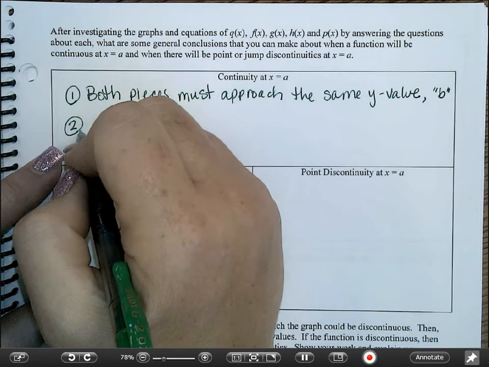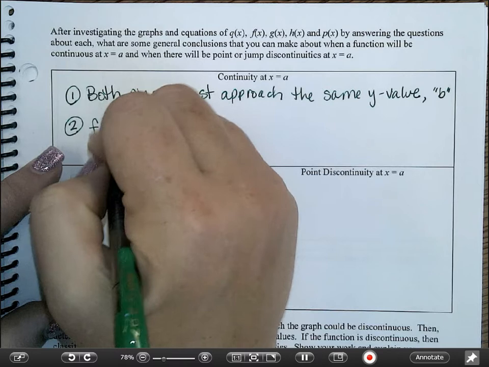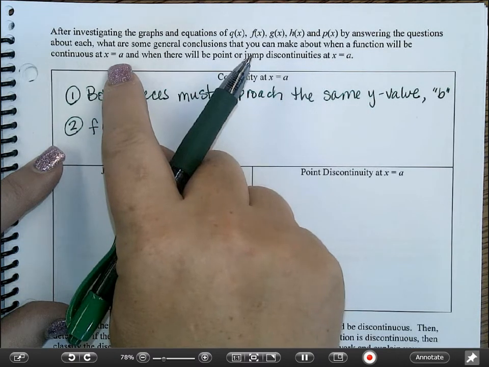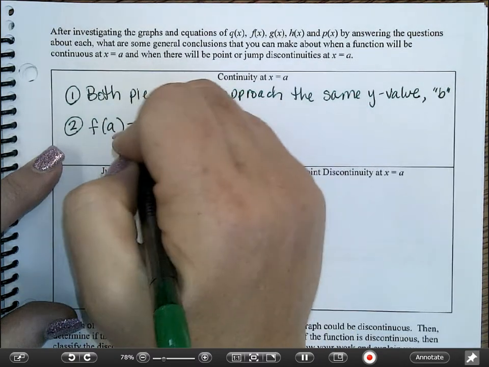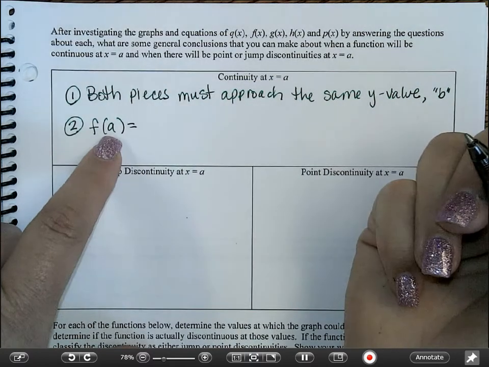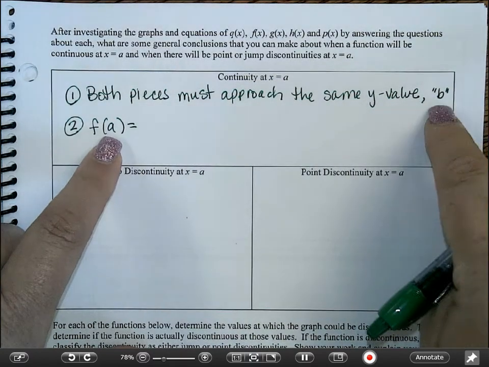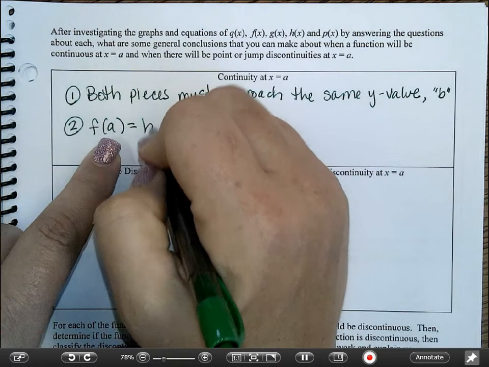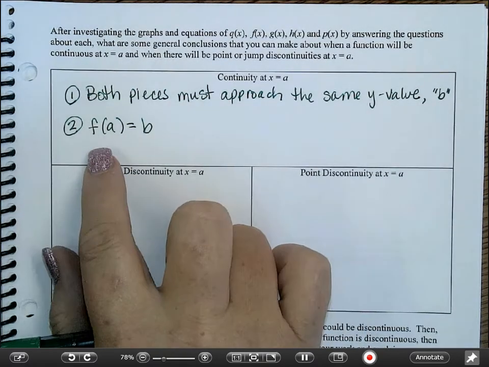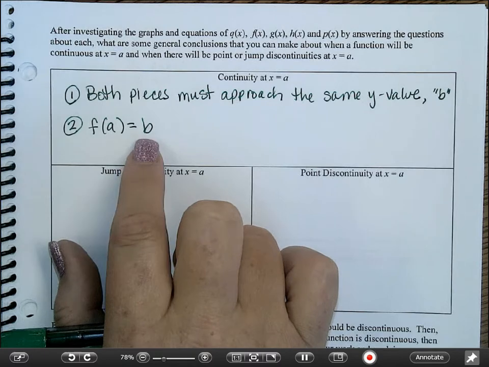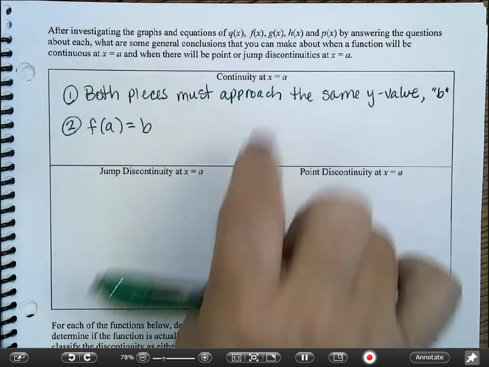And then the second thing, when you plug in a, because we're talking about when x is a, when you plug in that value of x, then it has to equal that same y value. So this has to happen. When you plug in that x, you get the same y value that you got in part 1.